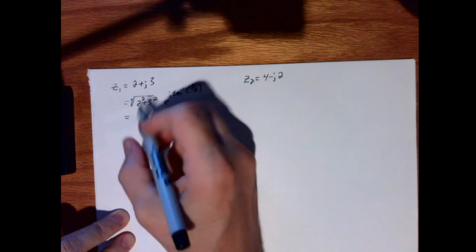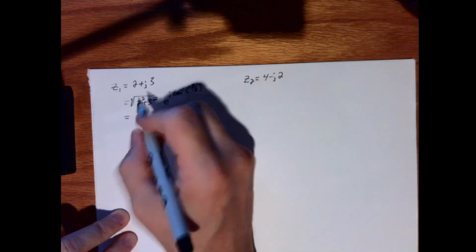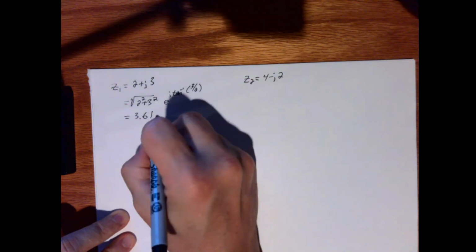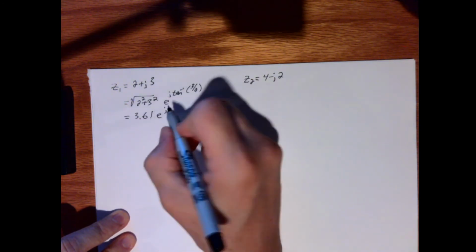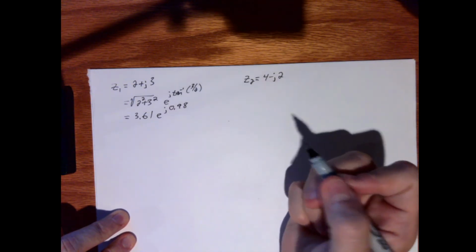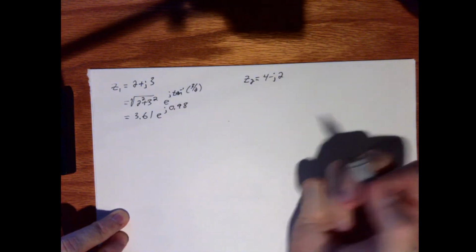And this simplifies. I'm copying this from a piece of paper, because otherwise it'd be somewhat painful. 3.61 times e to the j 0.98. All right? And this is radians.